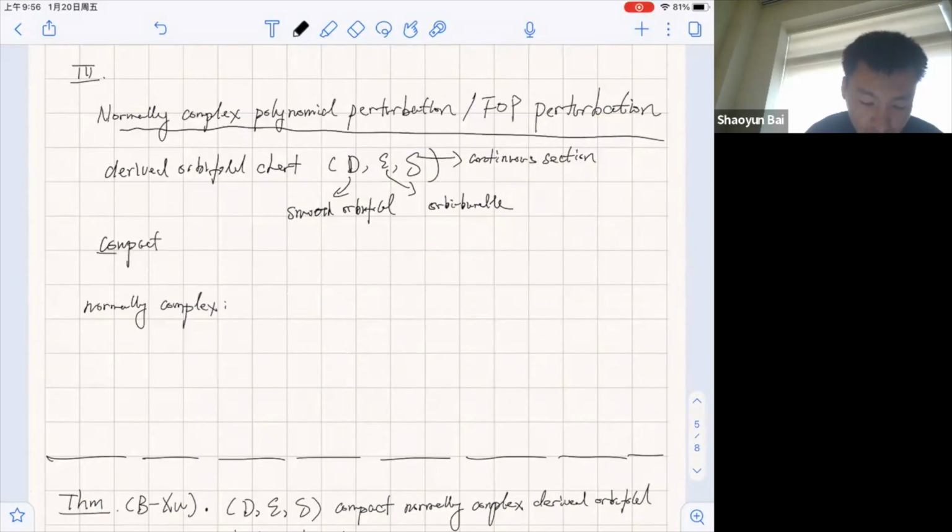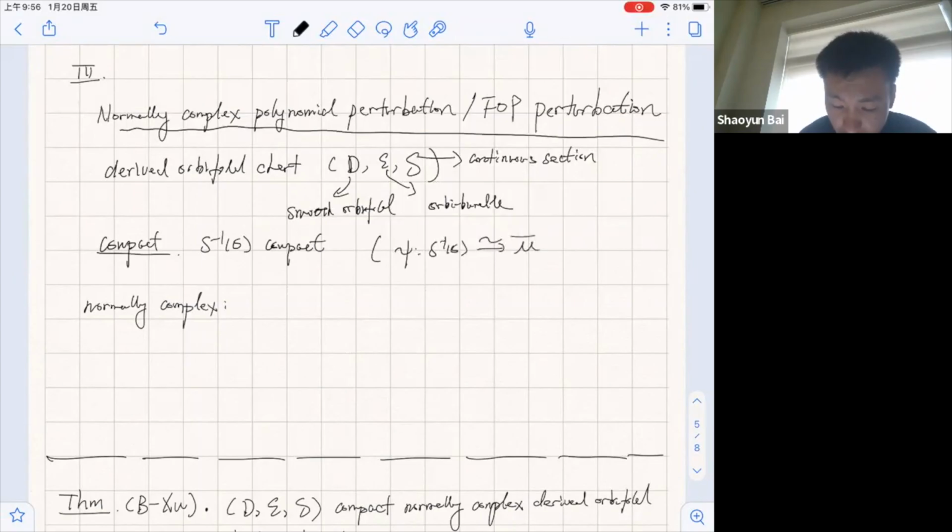We say a derived orbifold chart is compact provided that the zero locus is compact. To put this into context, this usually would arise as global Kuranishi charts of moduli spaces of J-holomorphic curves. In other words, the zero locus of the section, which you recall is the Kuranishi section, admits a homeomorphism onto the orbit space of J-holomorphic curves.